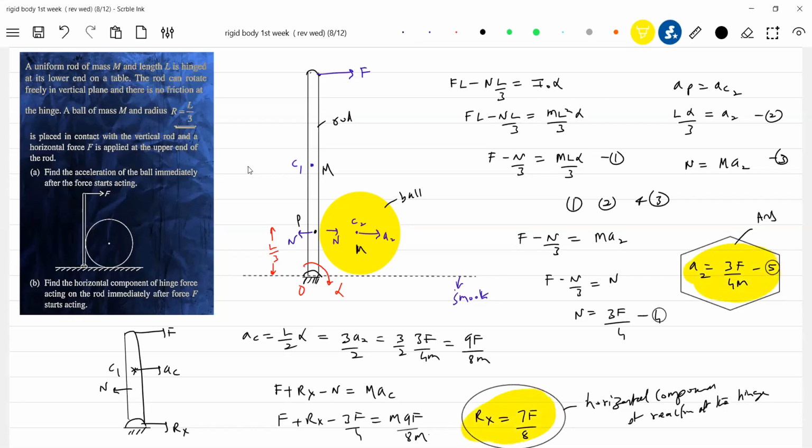If you check the advanced paper, we don't have many problems on connecting bodies. Either they're asking only on the rod or only on the sphere, like a rod in contact with another rigid body. There is some possibility of asking, that's why I picked this up. Again, just stick to the basics here. They will be in contact, we know it, so the acceleration along the contact normal is equal.